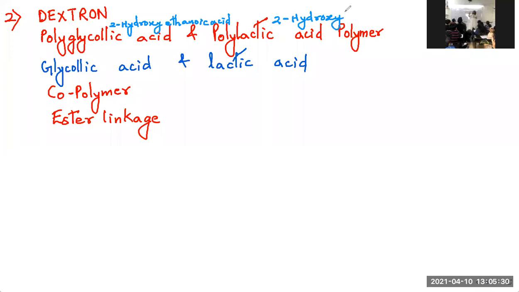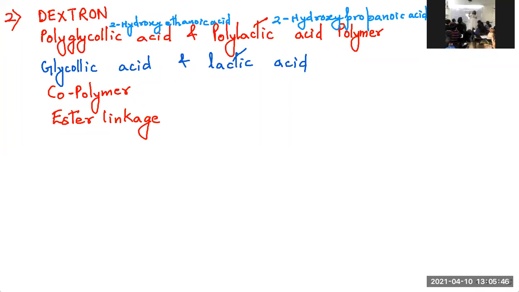Because lactic acid you have done in D and L isomers. 2-hydroxy propanoic acid. कुछ भी नहीं है अभी.